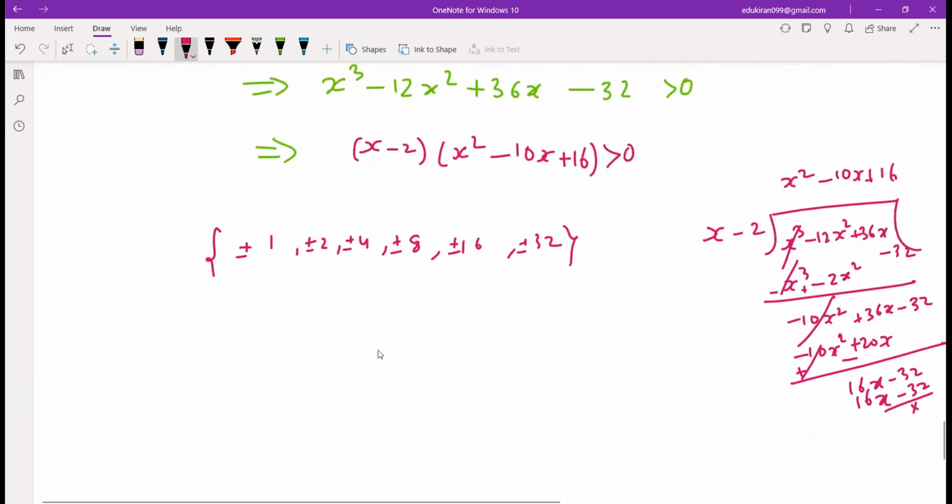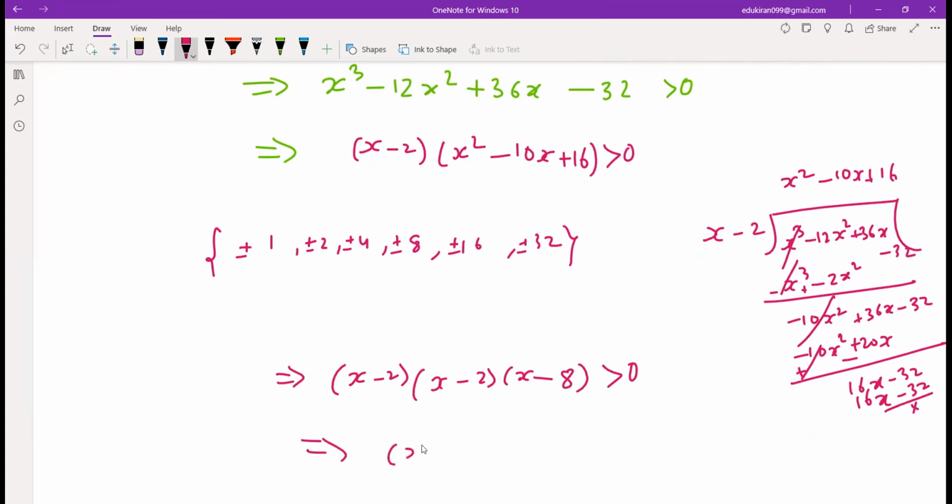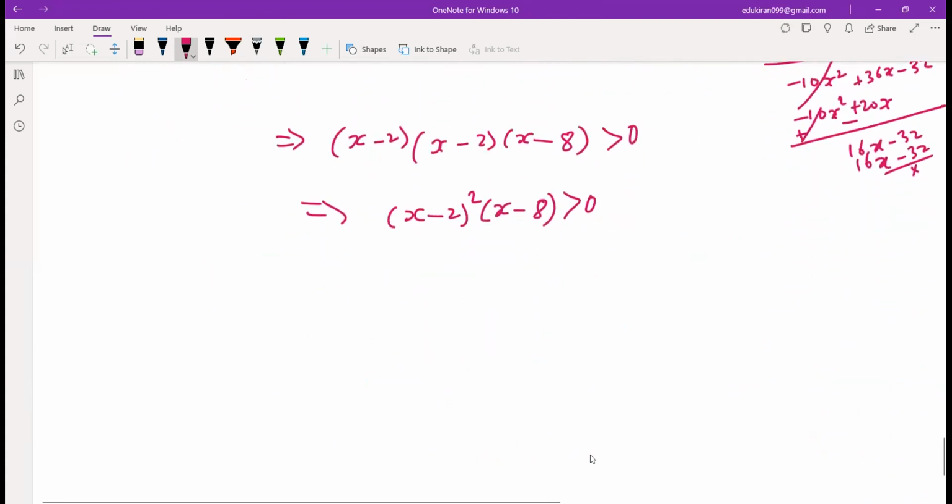Now x square minus 10x plus 16 will be, on factorization, x minus 2 into x minus 8 greater than 0. So it is like x minus 2 whole square into x minus 8 greater than 0. This will be like this.